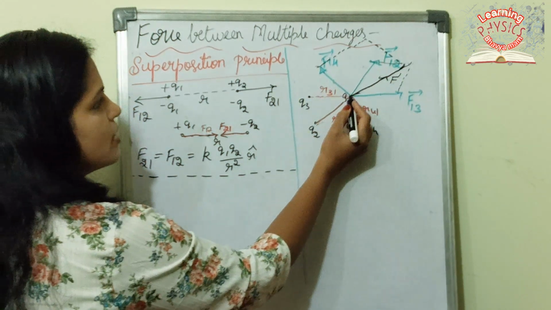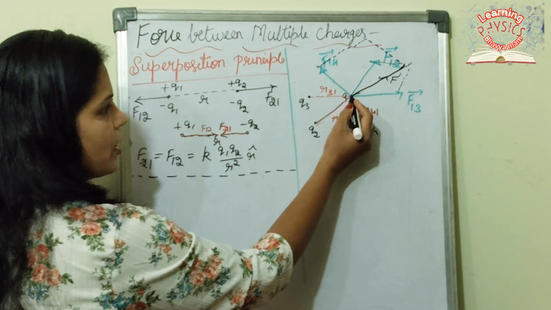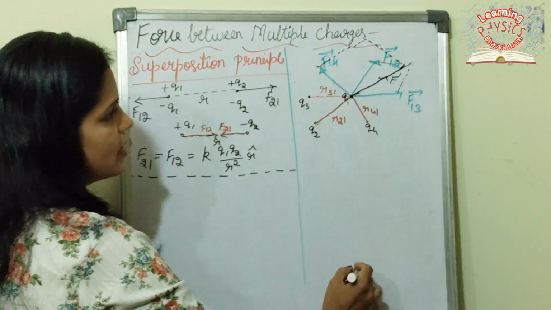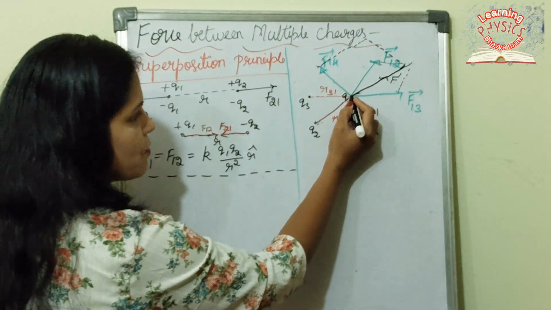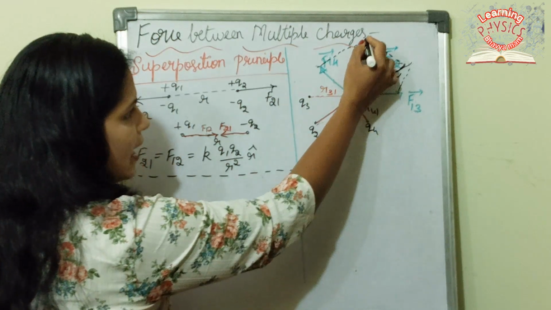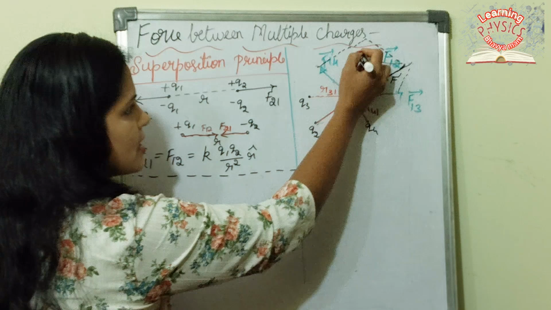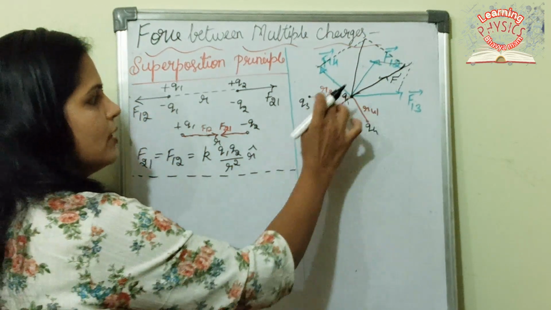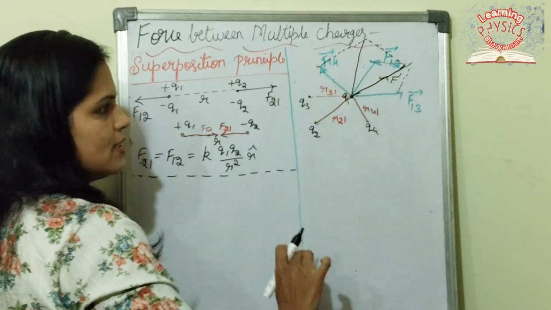Now, by taking this as the origin, see here I have Q1. Q1 charge is here. Therefore, I need to take this point and join the opposite end. If I join this opposite end, what is this line called? Diagonal. Along this diagonal, the resultant force is acting.